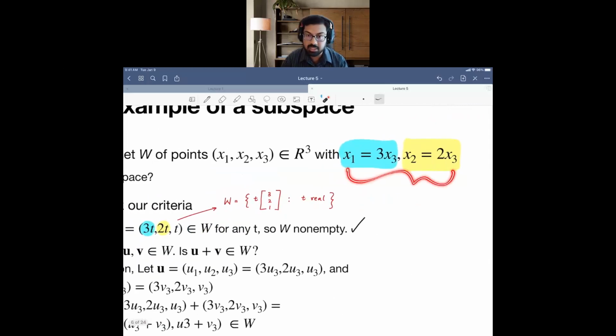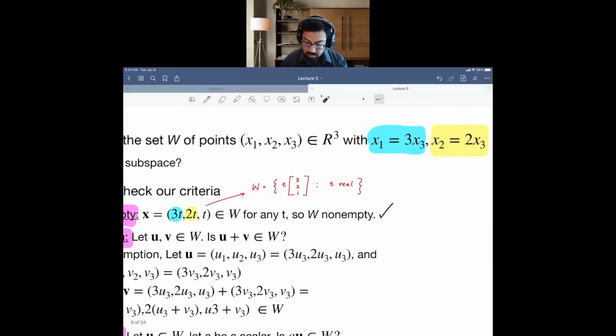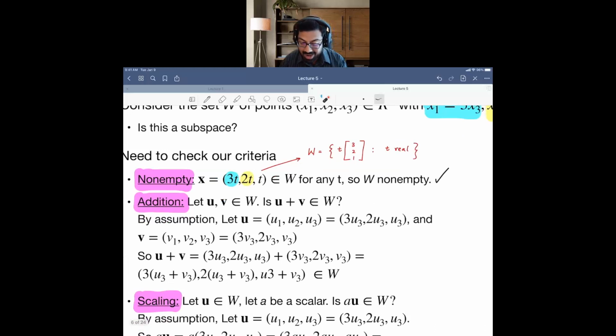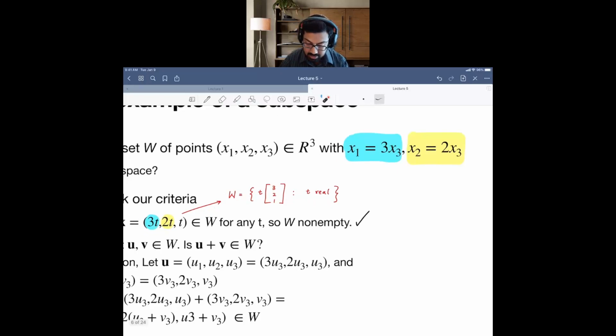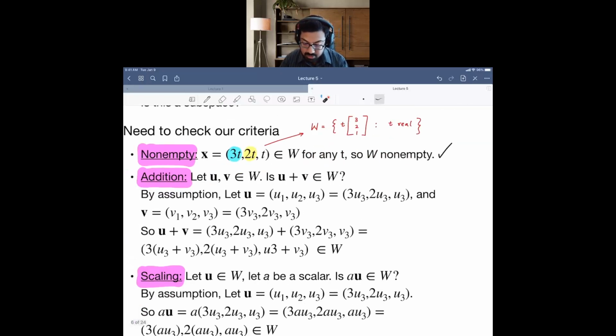Now the check is, when you add them, does the answer also belong to the subspace, which means does the answer also satisfy these 2 conditions? Let's check. So by assumption, I will assume U to be U1, U2, U3. It belongs to R cubed, and it's a vector in that subspace W. So it is satisfying the condition.